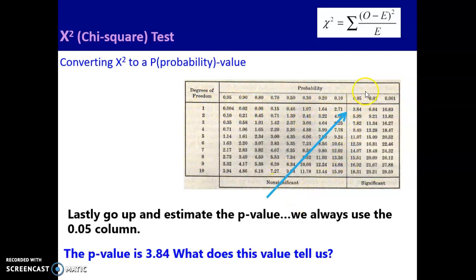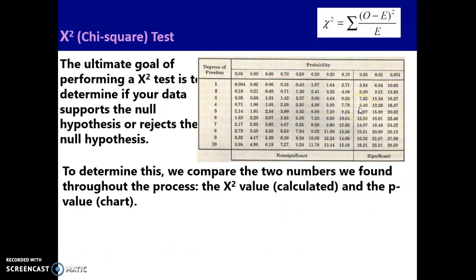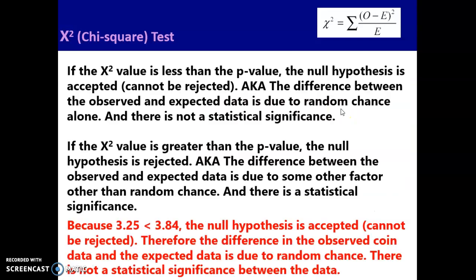Okay, so now we have two numbers. Now what? Our p-value is 3.84, and our chi-square value was 3.25. What does that mean? We compare those two numbers, our value that we calculated from our chi-square chart and the number that comes off of the probability chart, and we see which number is bigger.